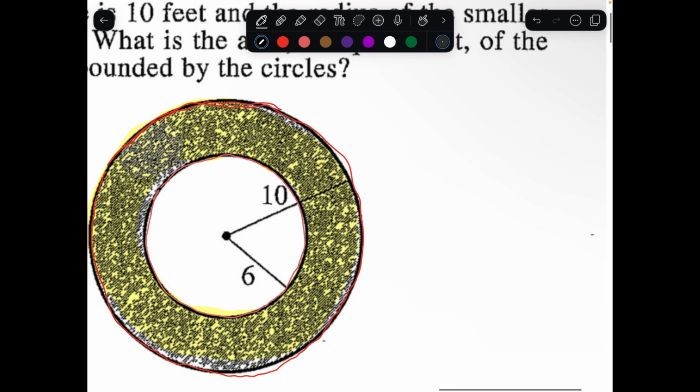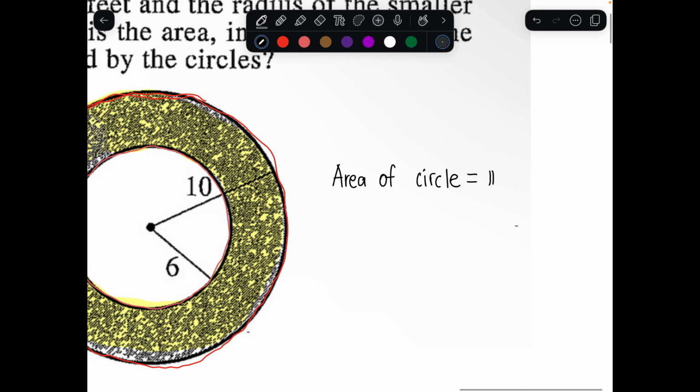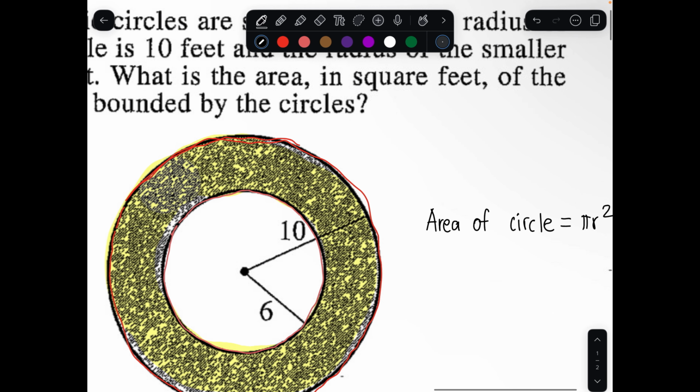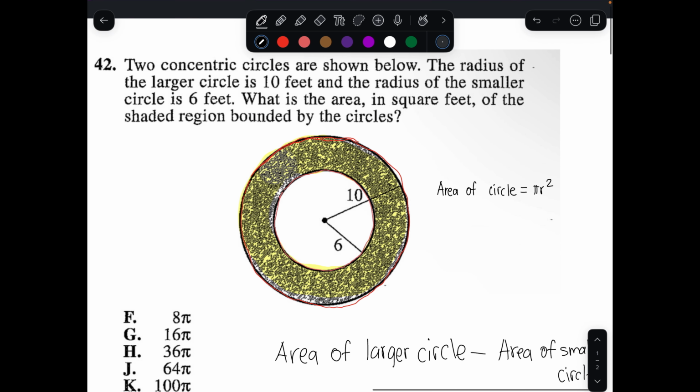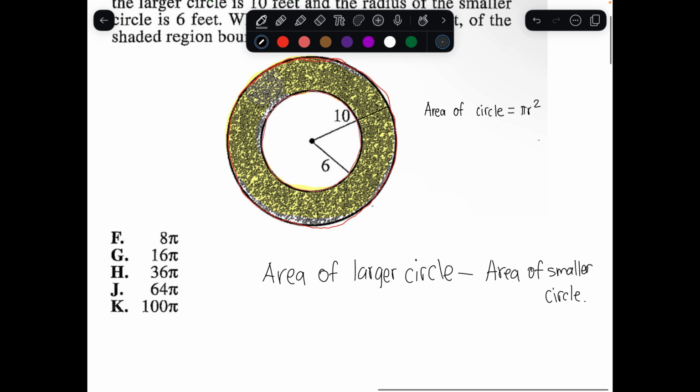Remember, to find the area of a circle, it's pi r squared. The radius of the larger circle is 10 feet, and the radius of the smaller circle is 6 feet, right?